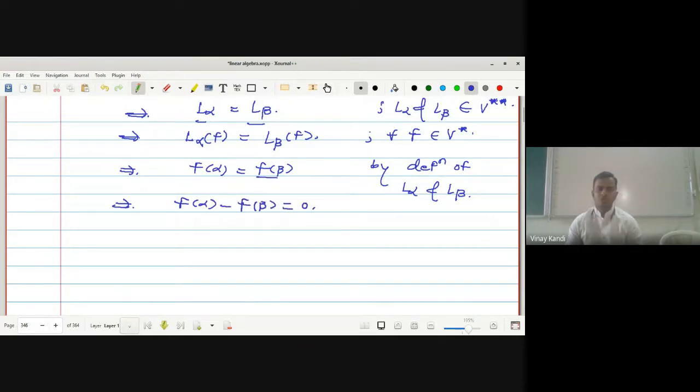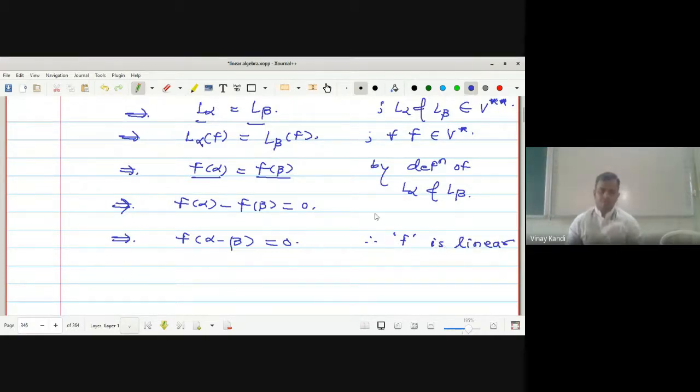The output of f goes into F, which is a field, so there exists an additive inverse in F. So f of alpha minus f of beta is equal to 0, but f is a linear functional. That means f of alpha minus beta is equal to 0. What is the reason? f is linear.